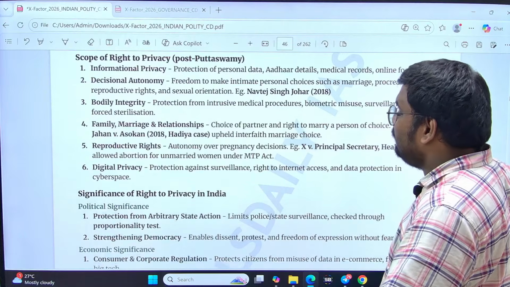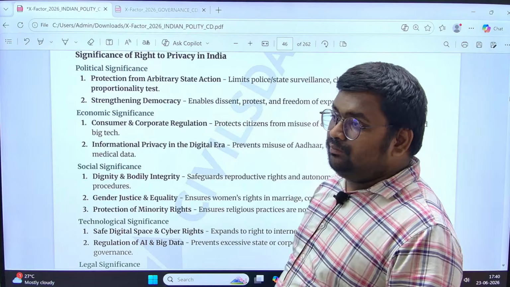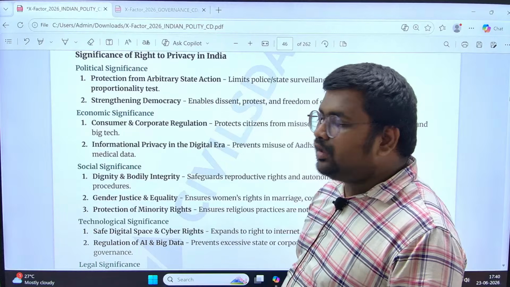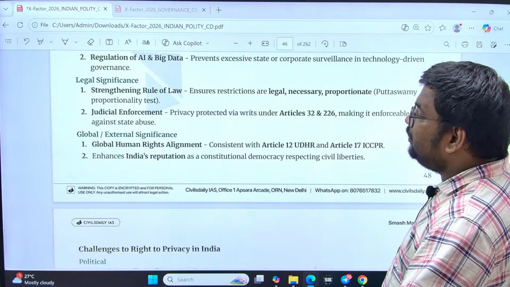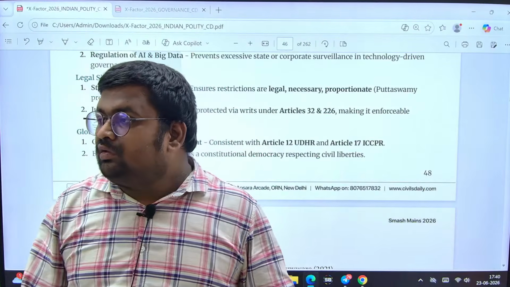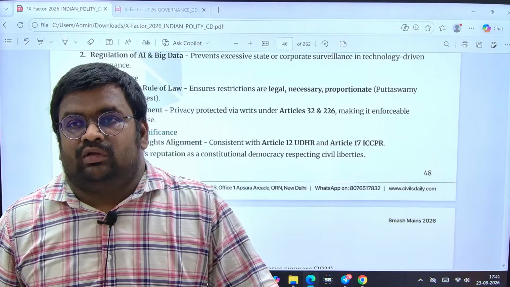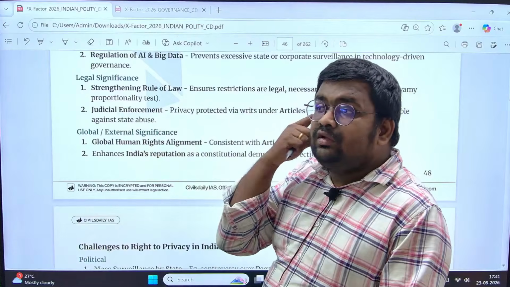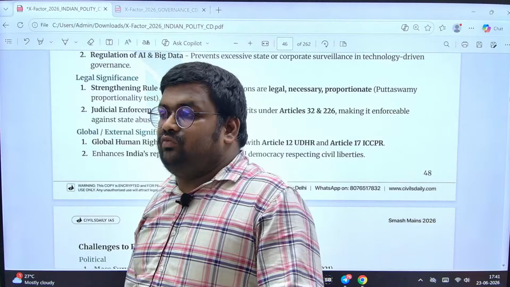Okay. And then significance, again we have classified as per the framework using the pestle. So political significance, economic, social, technological, legal significance, and global significance. Okay. So even if they ask you a simple question as to give the importance of right to privacy, there also with this classification you can ensure the diversity in your points, so that duplication of points wouldn't happen.